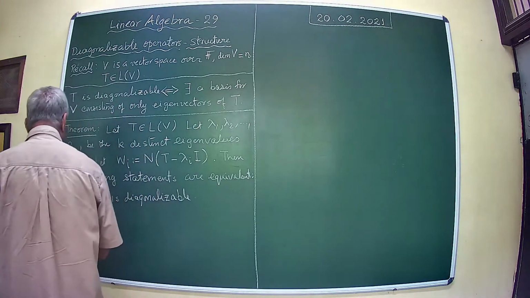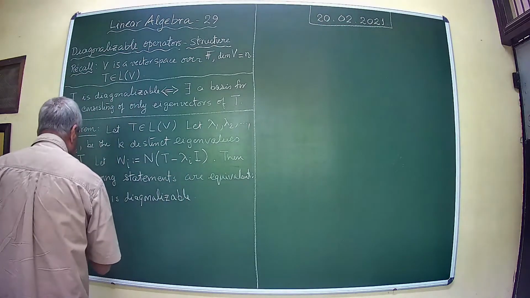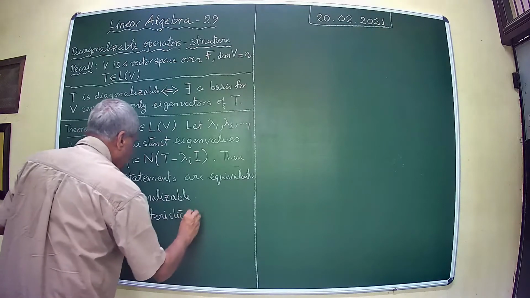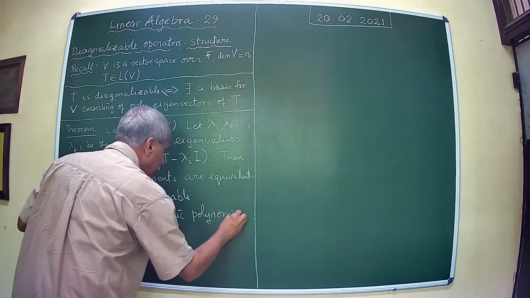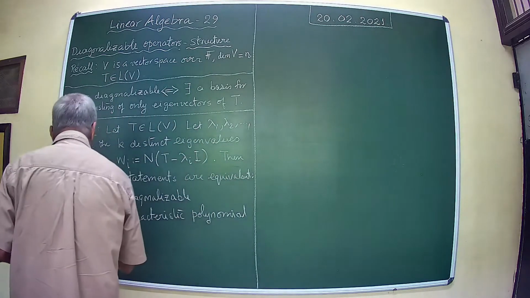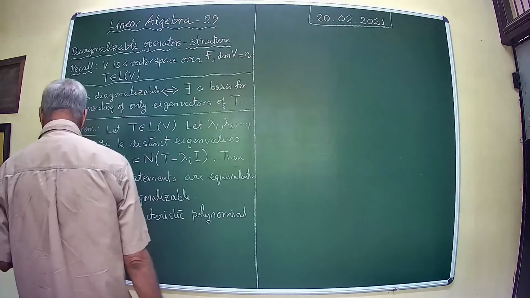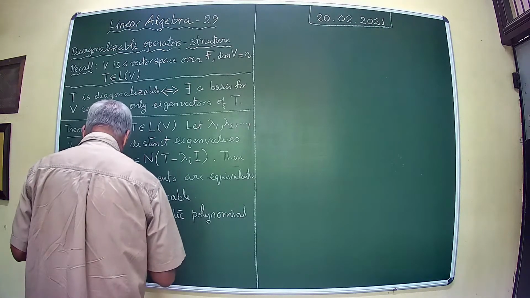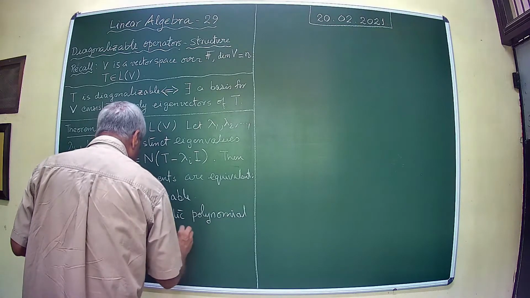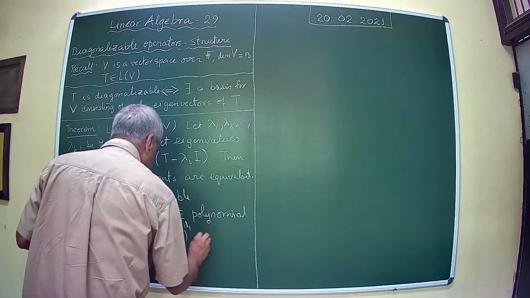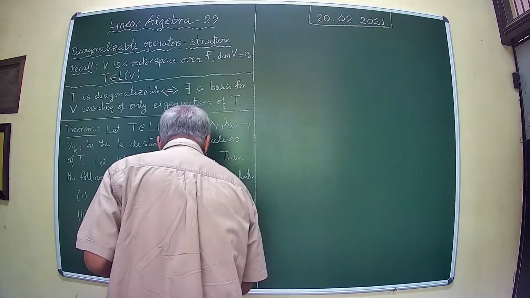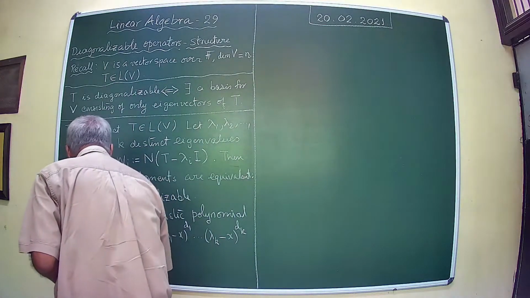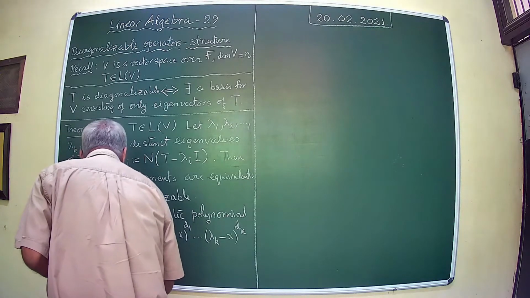The second statement is that the characteristic polynomial f of x equal to (x minus lambda 1) to the power d1 up to (x minus lambda k) to the power dk, and dimension of Wi equal to di.